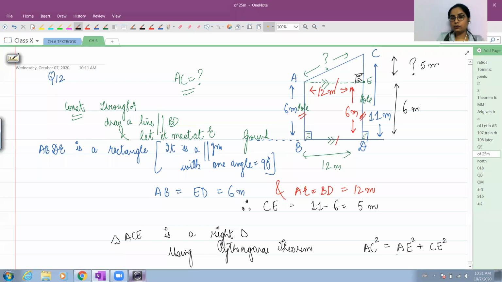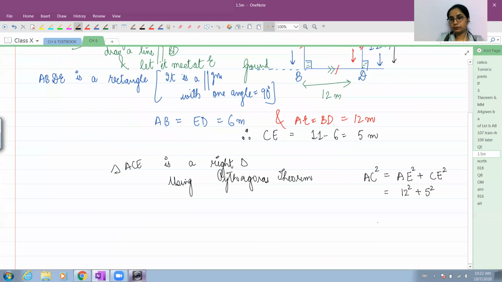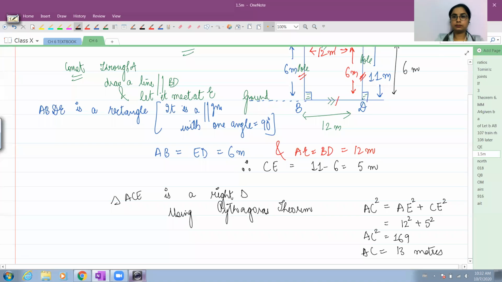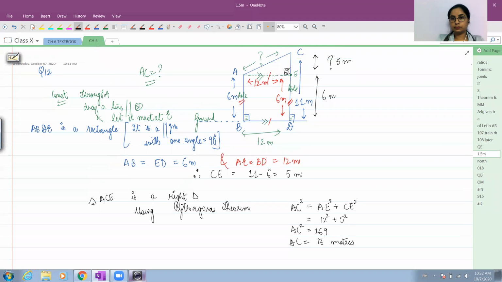And you have the values for the base and the perpendicular, and you can now just evaluate by applying your Pythagoras theorem. Anyone with any questions?